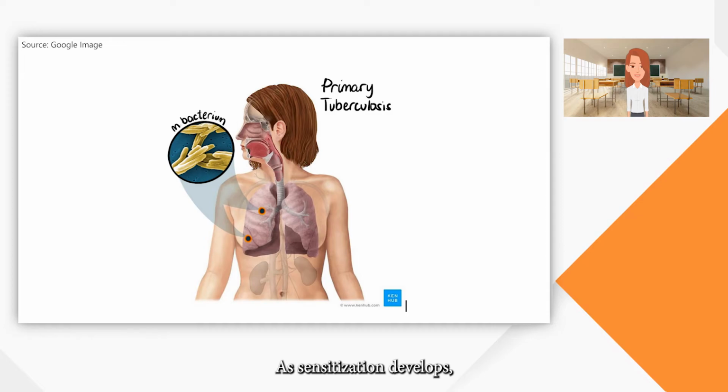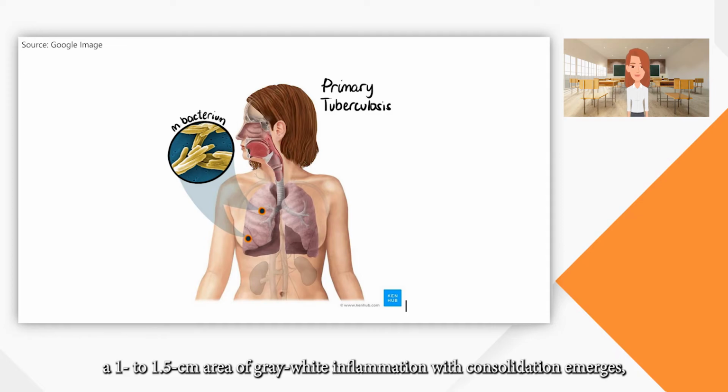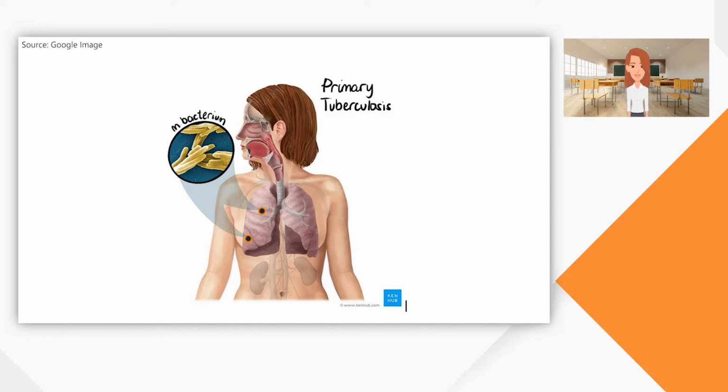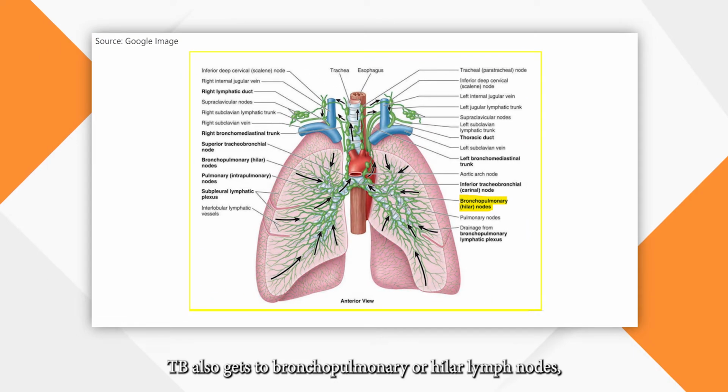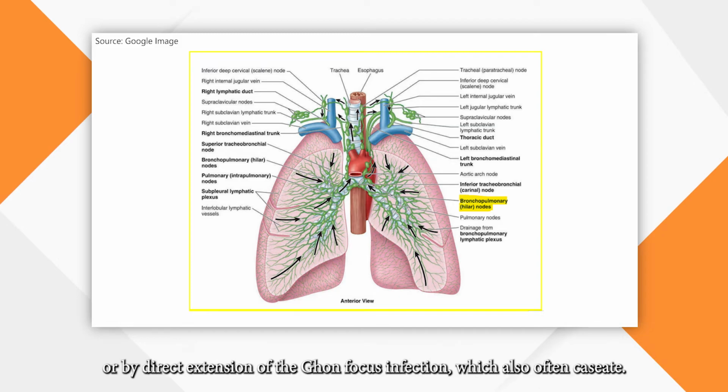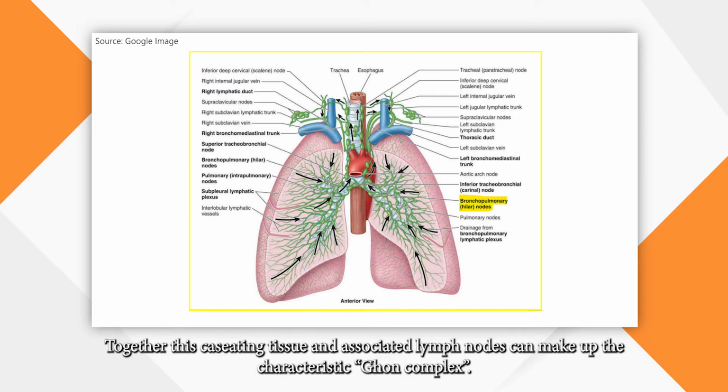As sensitization develops, a 1 to 1.5 cm area of gray-white inflammation with consolidation emerges, known as a Ghon focus. TB also gets to bronchopulmonary or hilar lymph nodes, either carried over by immune cells through the lymph or by direct extension of the Ghon focus infection, which also often caseate. Together, this caseating tissue and associated lymph nodes can make up the characteristic Ghon complex.